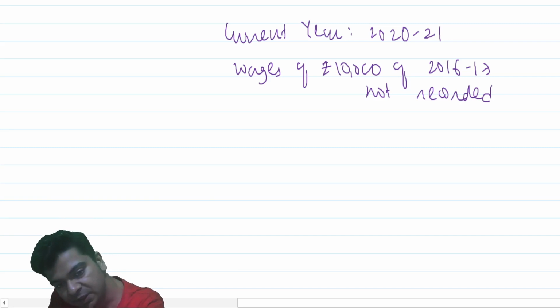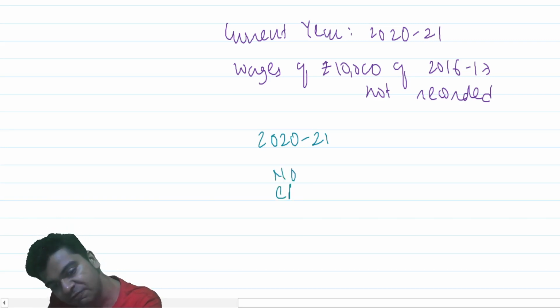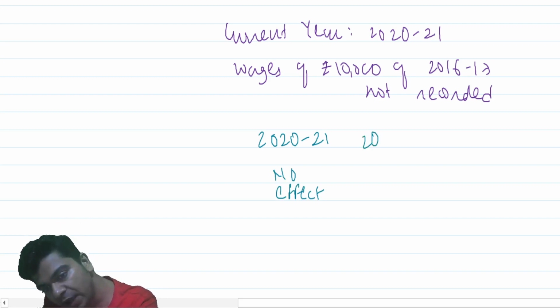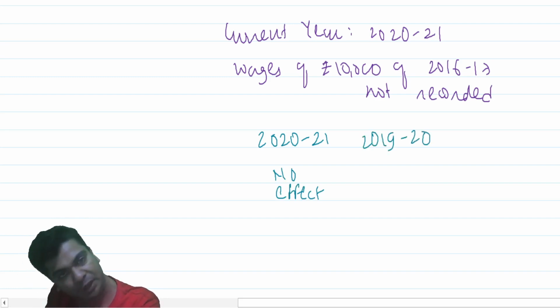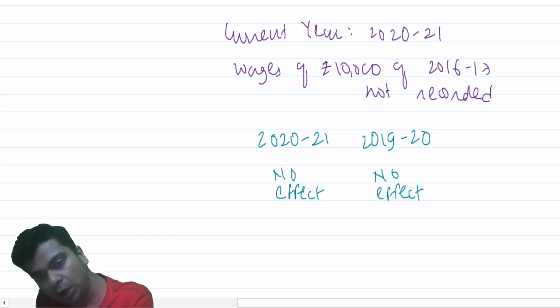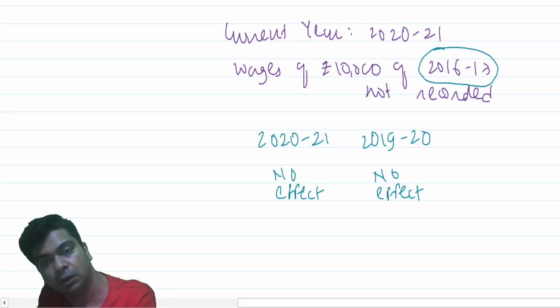This time I will prepare my P&L and provide the information of the current year. Here there will be no effect. After all, the mistake was not committed in the current year. I shall provide information relating to the previous year for comparison. Here also there shall be no effect. After all, this 10,000 mistake is not for 2019-20, it is for 2016-17.